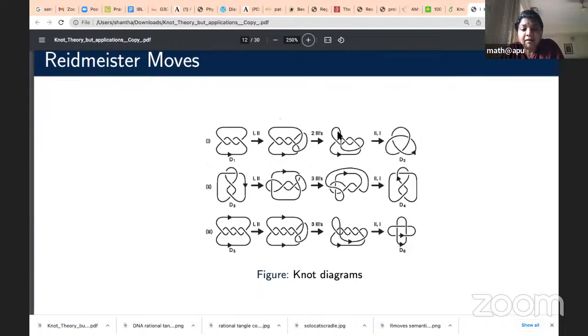And then we do 2 Reidemeister moves of type 3. And then again, you do the poke and unpoke, you get back the trefoil. So we say that the first picture is equivalent to the last picture. In each of these rows, we have not done any cutting. Therefore, the diagrams represent knots that are equal. Any questions up to this point? Is it clear what I'm saying?